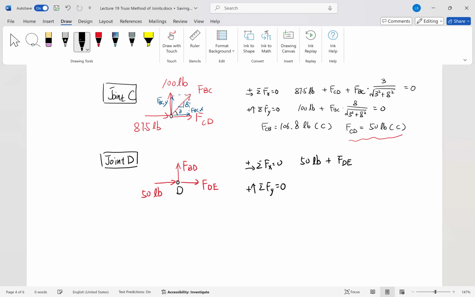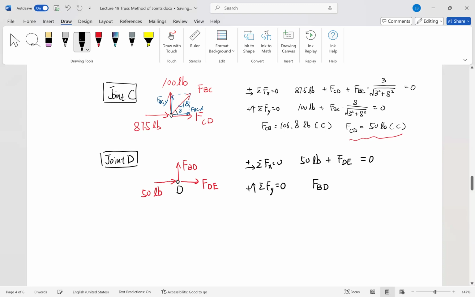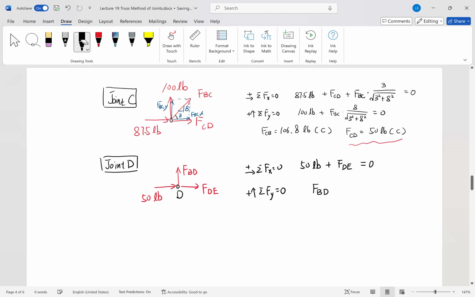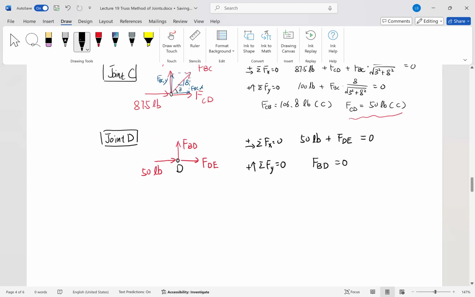Both of them are going towards the right, which is the positive direction we assume, so they should be positive here, right? And along the y direction, we only have FBD here, and it has to equal 0. Okay, great.